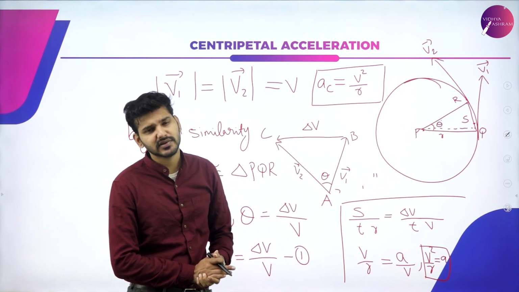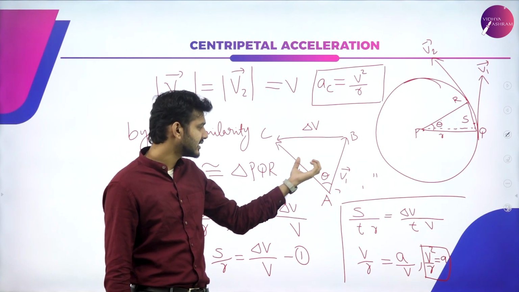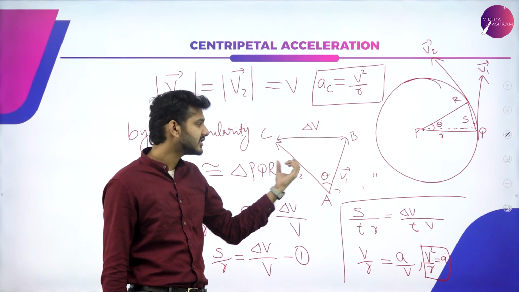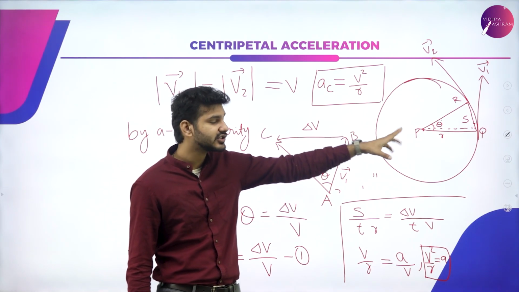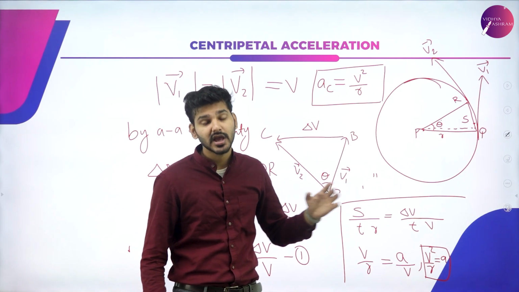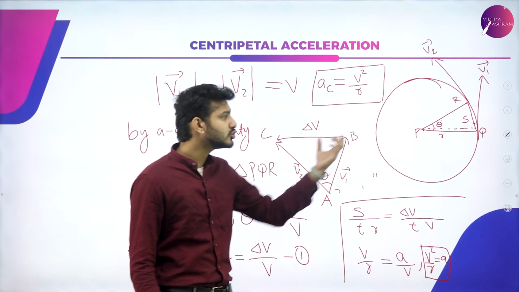Because of that, with the angle being equal and two sides being the same in both triangles, we can use the angle-angle similarity rule and say that these two triangles are actually similar.